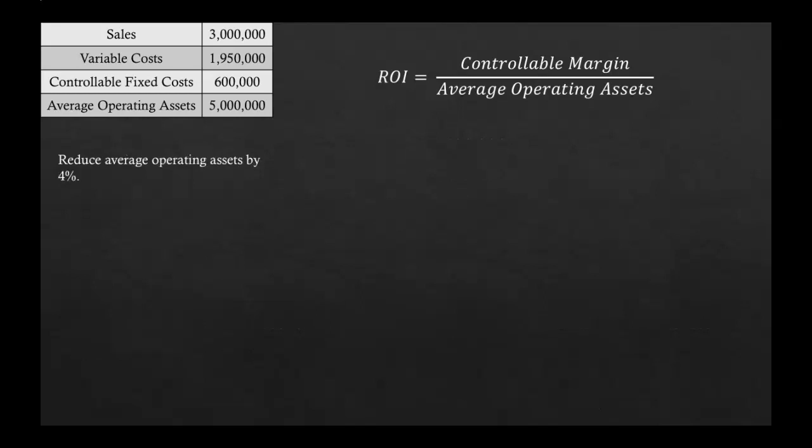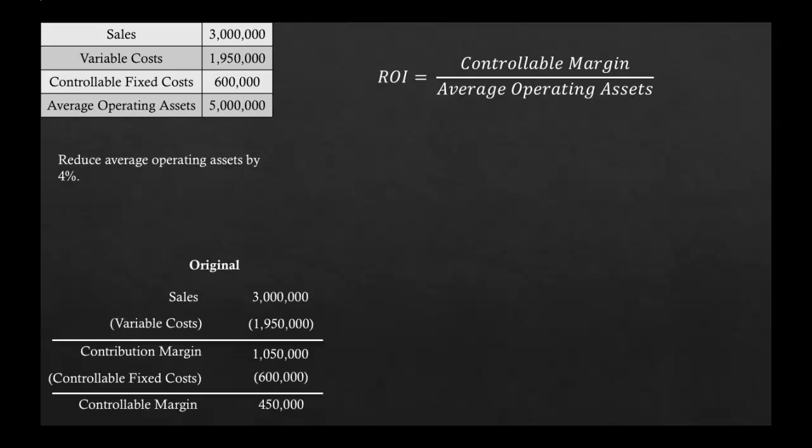Our last alternative is reducing our average operating assets by 4%. So we have our original information in the lower left. Then we have what this alternative is going to be changing.